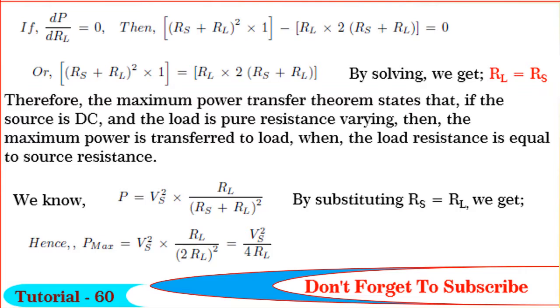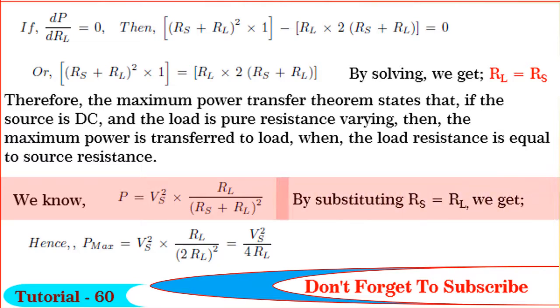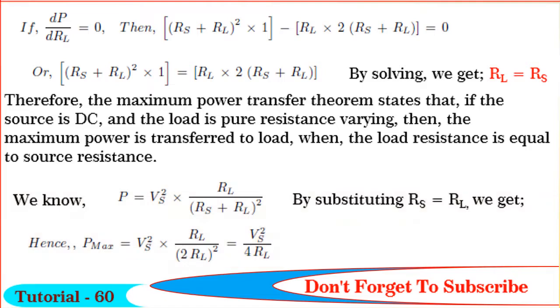To find the maximum power transferred, we know P is equal to Vs squared into RL divided by Rs plus RL whole square. By substituting Rs is equal to RL, we get P max is equal to Vs squared divided by 4 times RL. Hope you got the skill of answering such descriptive questions.